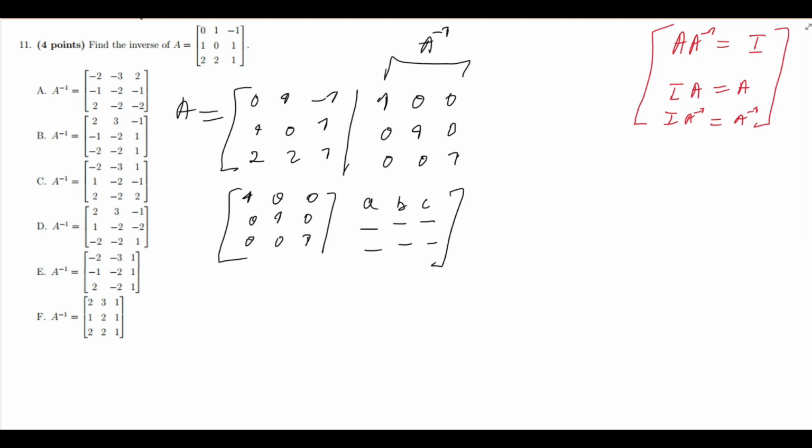So based on the operations that we're going to do to transform our matrix A to the identity matrix, those operations are going to produce the inverse matrix this other way. So you have to understand it that way, and we are just going to proceed with the calculations. So using the row echelon form, let's start computing.